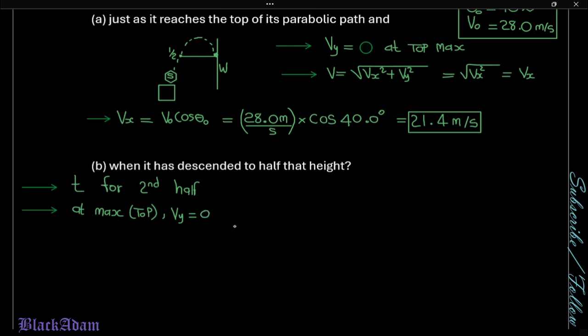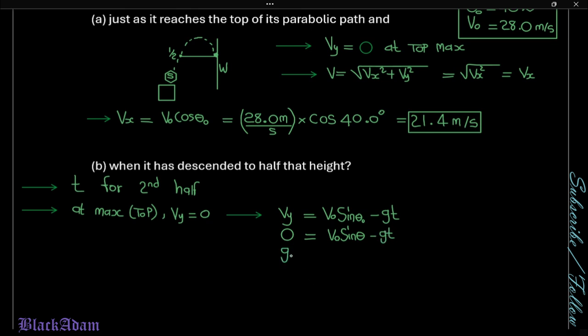And we know the equation for vertical velocity. Vertical velocity is going to be initial velocity multiplied by sine theta, minus, because of the gravitational acceleration, gt. So 0 equals initial velocity multiplied by sine theta minus gt.